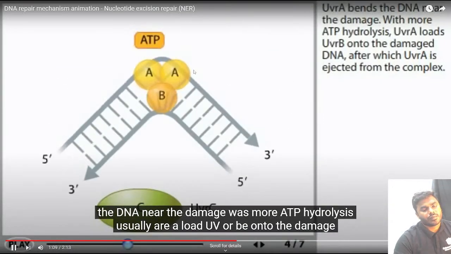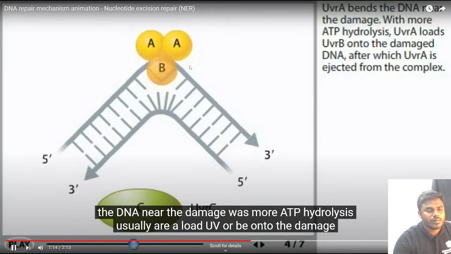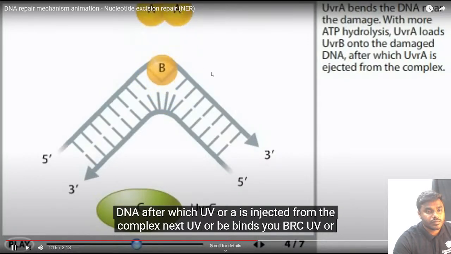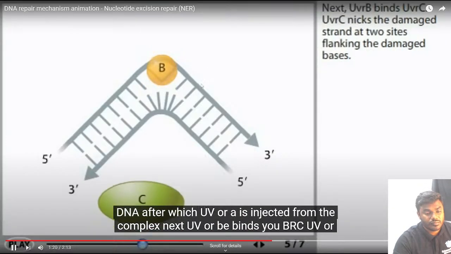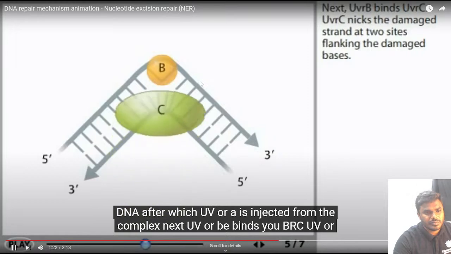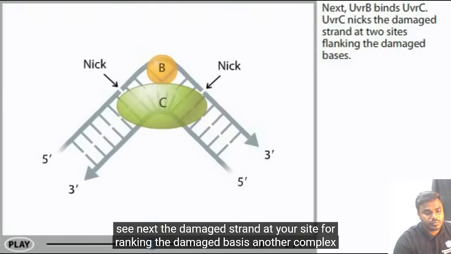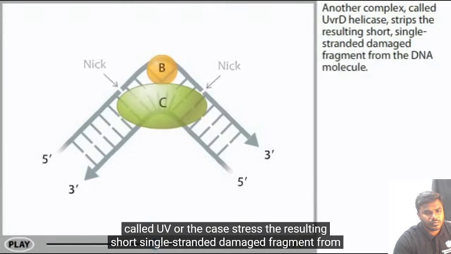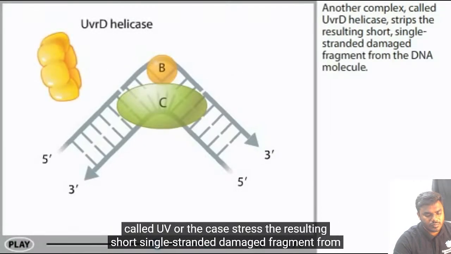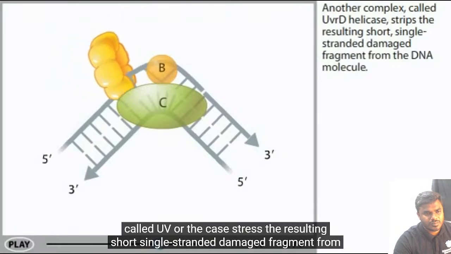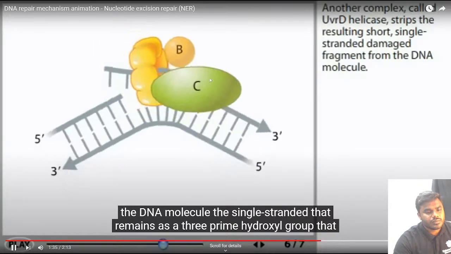With more ATP hydrolysis, UVRA loads UVRB onto the damaged DNA, after which UVRA is ejected from the complex. Next, UVRB binds UVRC. UVRC nicks the damaged strand at 2 sites flanking the damaged bases. Another complex, called UVRD helicase, strips the resulting short, single-stranded damaged fragment from the DNA molecule.